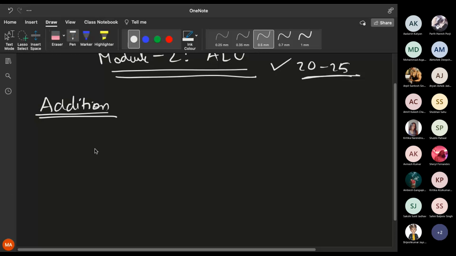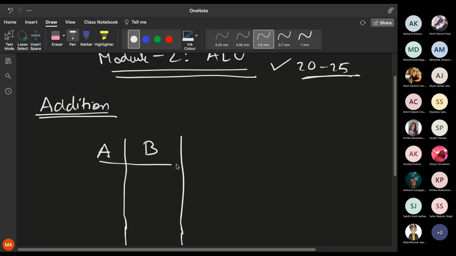We'll look into what the half adder does and what the full adder does. First of all I'll require two inputs. For any addition, I will need two inputs. And what is the output of addition? Can someone tell me what the output of the addition is? Is there one output or two outputs for addition?